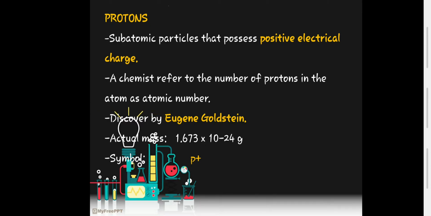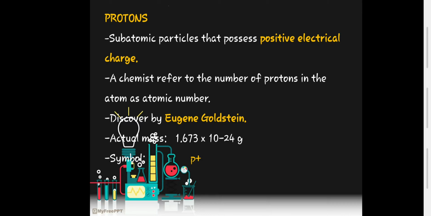As you will see later in our discussion, the atomic number is the number of protons of an element. We will discuss that deeper later on. The proton was discovered by Eugene Goldstein. Always remember, the proton was discovered by Goldstein.